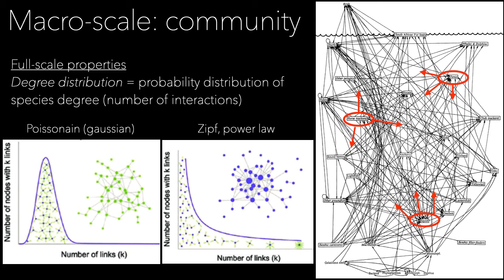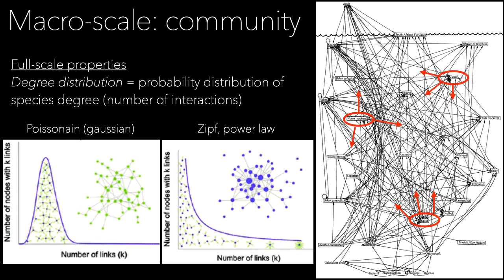Those are at the left of the plot, with a small number of links, and they are very abundant, they are very common. On the other hand, with this exponential decay, we have at the other side of the gradient very few species that instead have a high number of links.